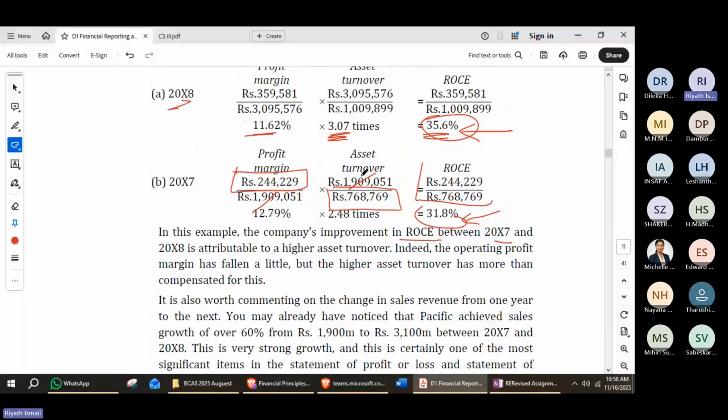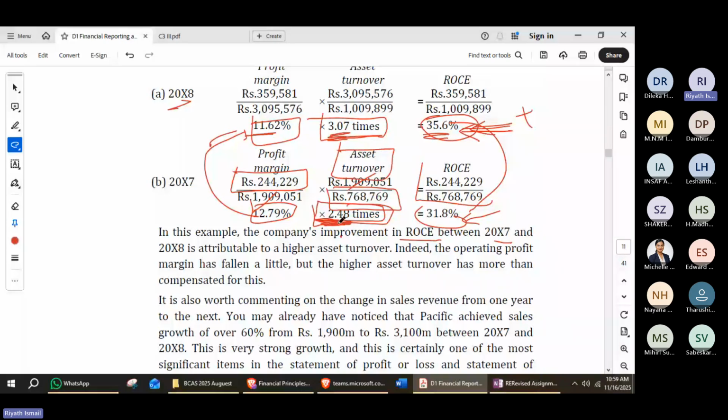You see why this year has more ROCE: in the last year the asset turnover is less, and this year asset turnover is high, though the profit margin in 2017 is high and 2018 is lower. Even with less operating profit, they are able to manage a higher ROCE because of this asset turnover.